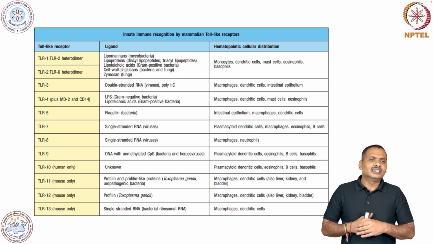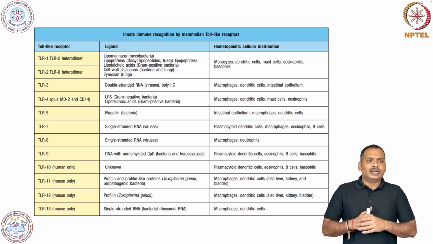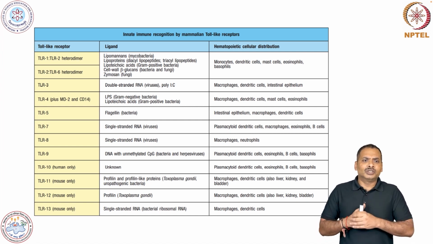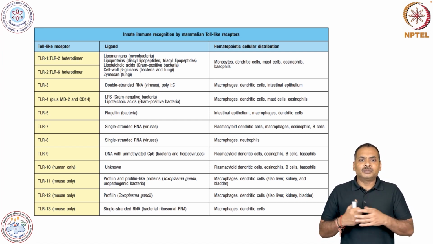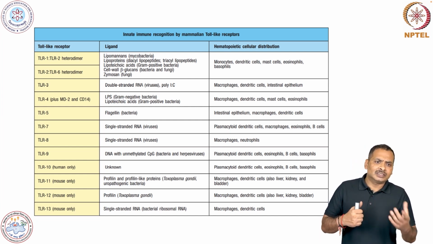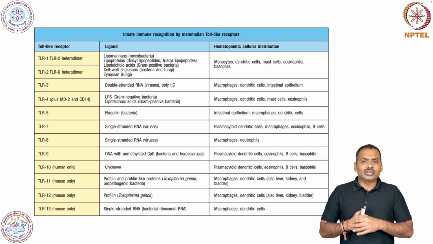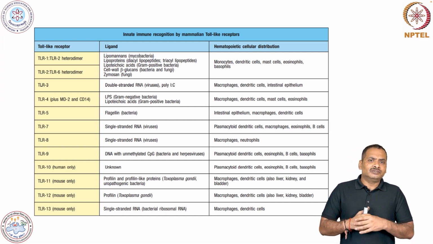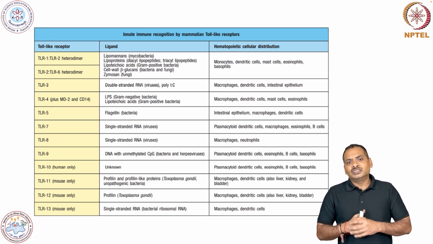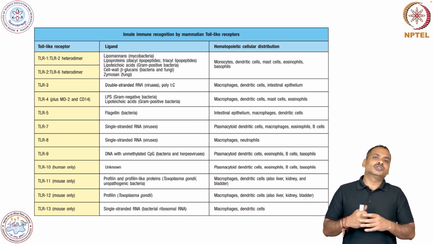Here you can see that TLR2 in association with 1 and TLR2 in association with 6 sense lipoarabinomannan, lipoproteins, lipoteichoic acid, cell wall from fungi, which consists of beta glucan, and zymosan, which is derived from fungi, and they are expressed in a variety of cells like monocytes, DCs, mast cells, eosinophils, basophils.